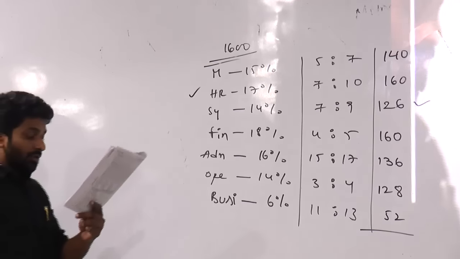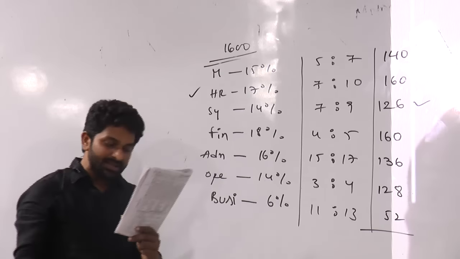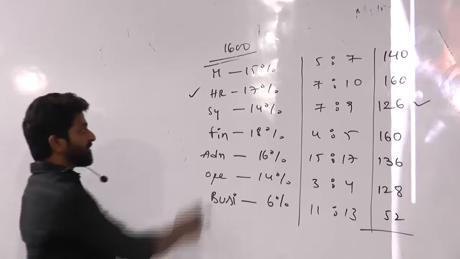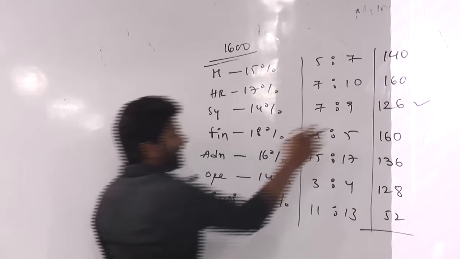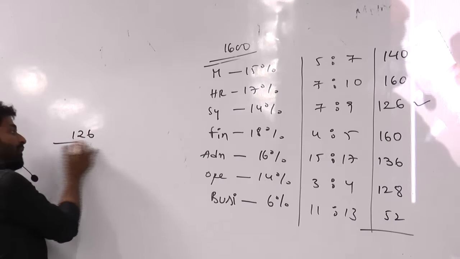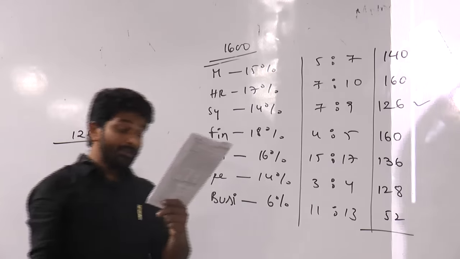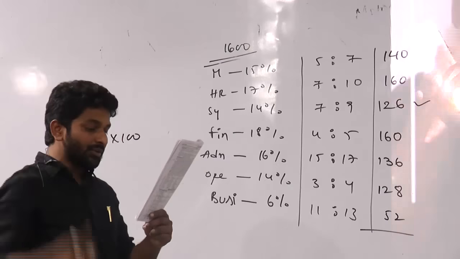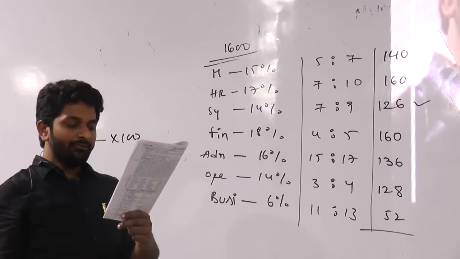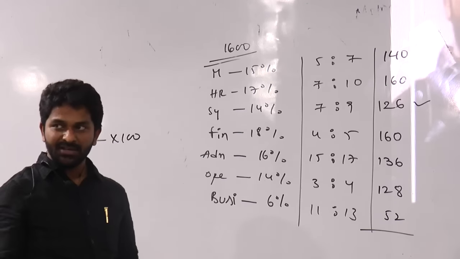Right. So look at your actual question. Number of students passed in second class from systems specialization. Systems, how many are here? 126. And you need to calculate its percentage with respect to what? Approximately what percent of the total number of students passed in second class from all the 7 specializations together?